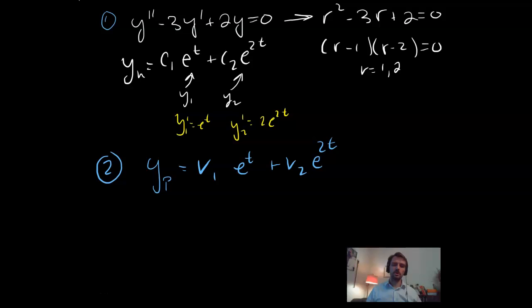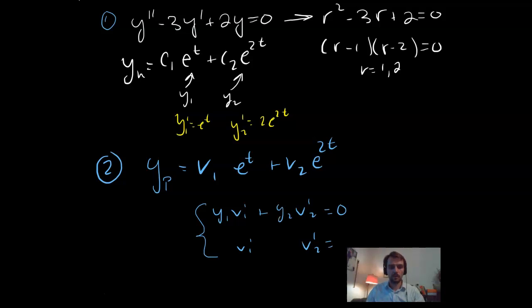Now, in order to solve it, instead of going through the labor of taking the derivatives a couple of times and plugging it back in, the whole solution boils down to solving two smaller conditions. So the conditions are first that y1 times v1 prime, plus y2 times v2 prime, notice there's going to be those in all four places, is equal to 0.